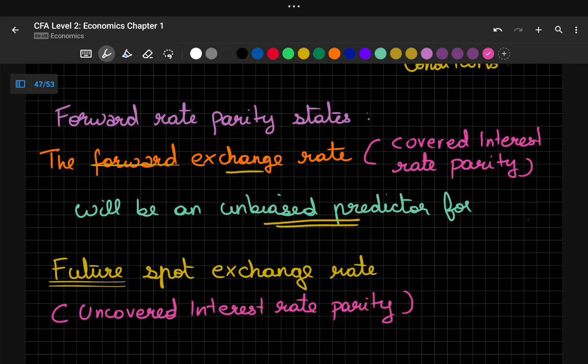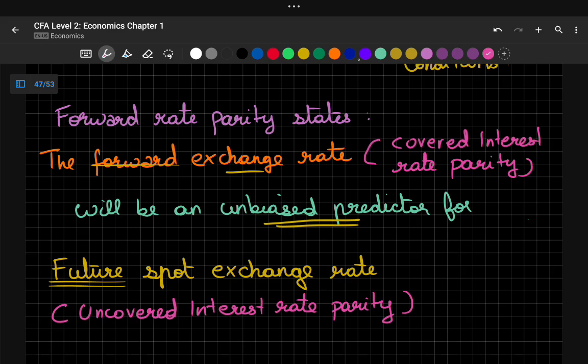That's why both these parity conditions should be satisfied for forward rate parity condition to hold. So forward rate parity states the forward exchange rate will be an unbiased predictor for future spot exchange rate.